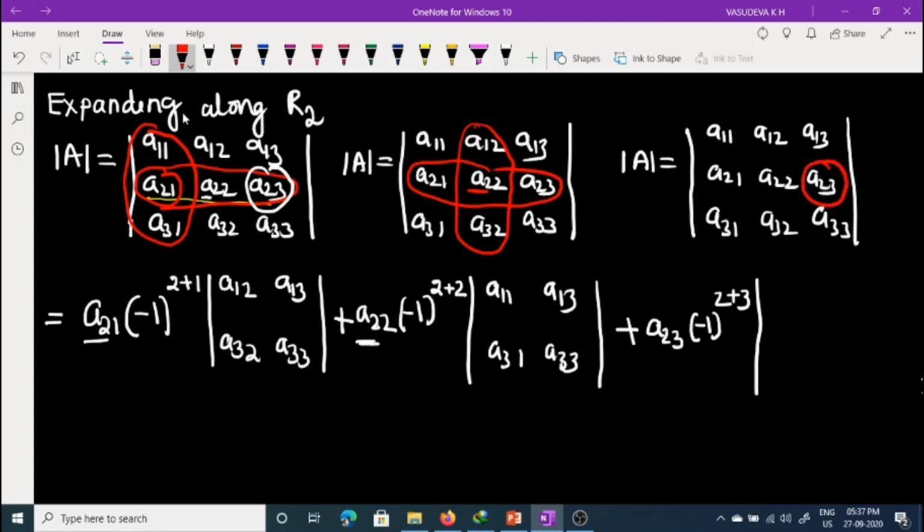A23 lies in the second row and the third column. Leaving the elements in the second row and third column, the remaining elements are A11, A12, A31, A32.